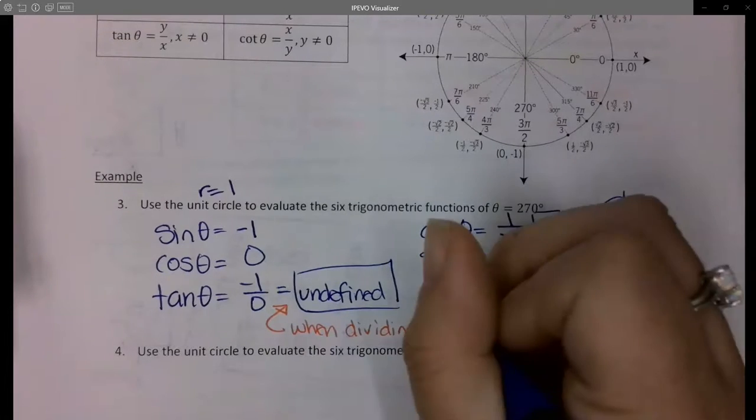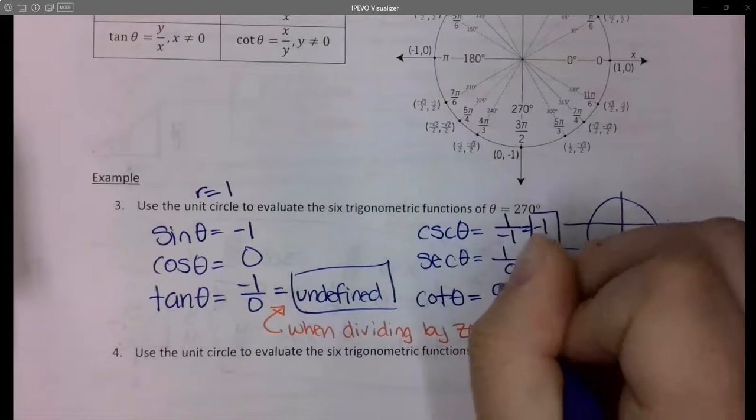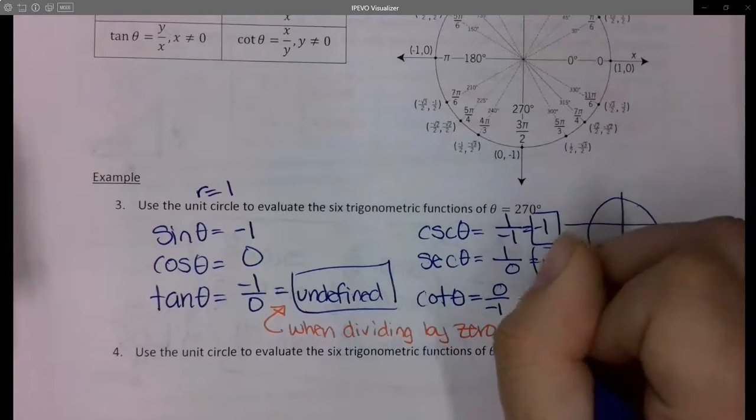And then finally, I have my cotangent, which is x over y. So 0 over negative 1. This one, it's okay to have a 0 on top, because if I have nothing and I try to split it into one group, I still have nothing.